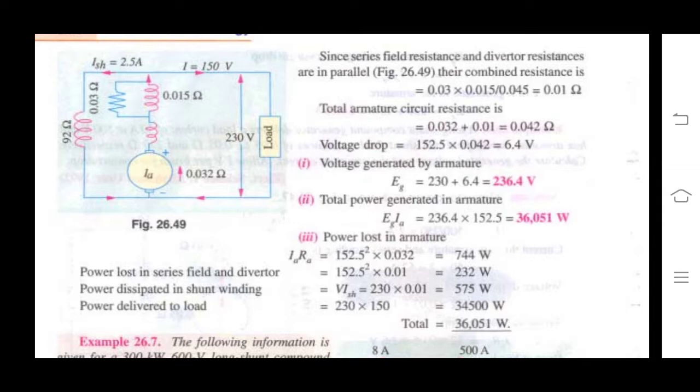So the diverter resistance value is 0.03 and the series field resistance value is 0.015. So the combined resistance is 0.1 ohm. Total armature circuit resistance is RA plus the diverter and series field combined resistance. We get 0.1 ohm plus 0.032 ohm, that equals 0.42 ohm.